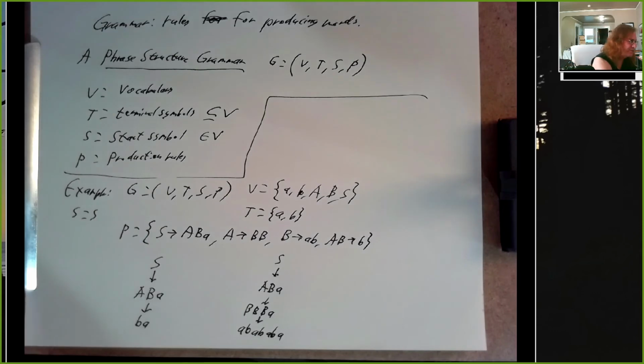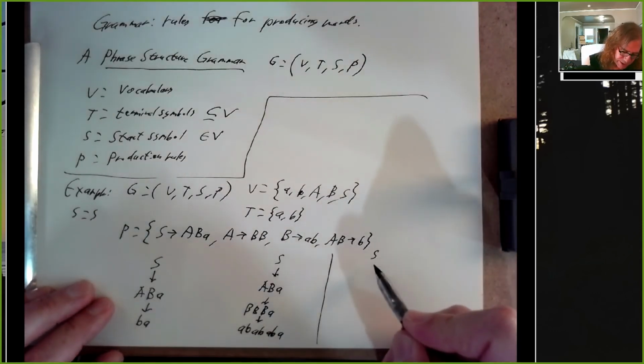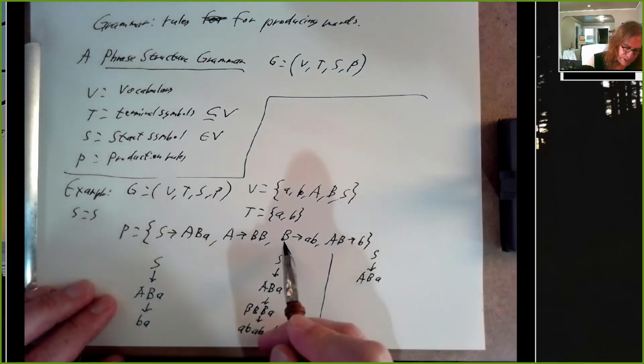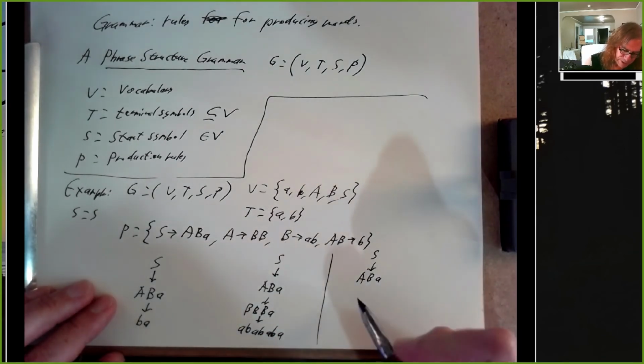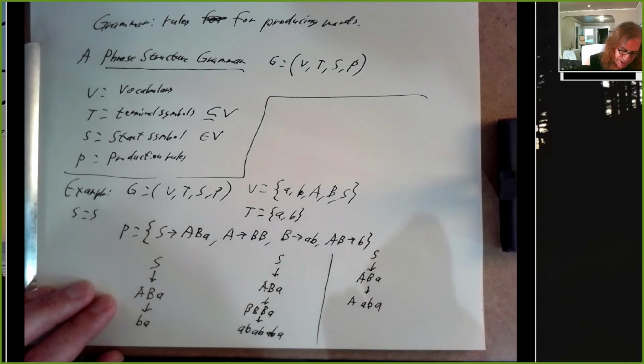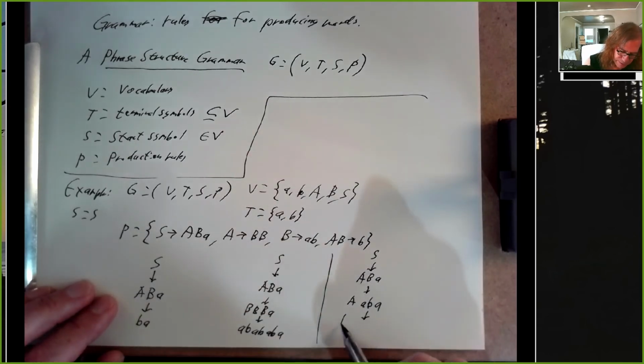Now I could have also said, you know, S can go to A, B, A. And I know a B can go to a little a, B, so this could go to A, and my B goes to a little a, B, and my A goes to an A. And then my A can go to two B's.